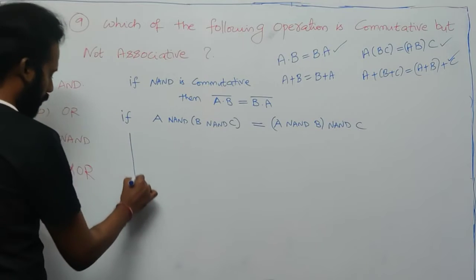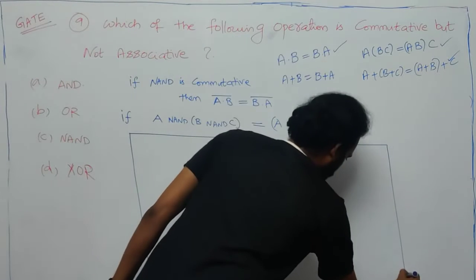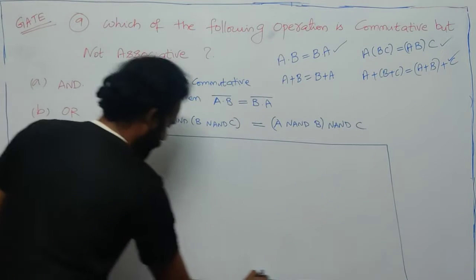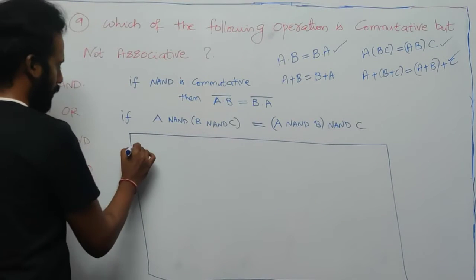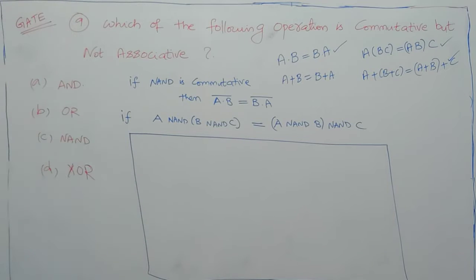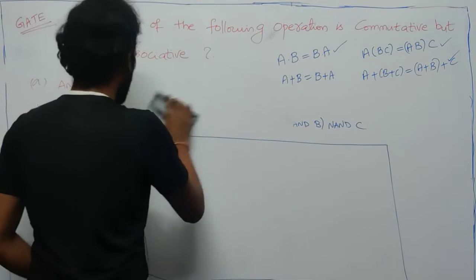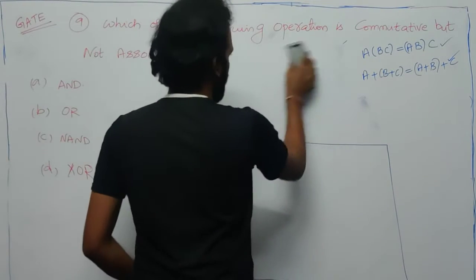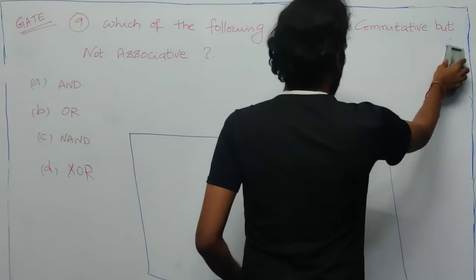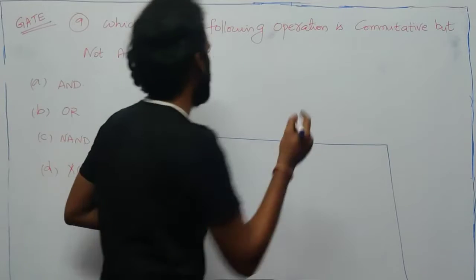So for that, what we will do is form a truth table. Are you getting it? I will take a bigger truth table. Remember, if it is associative, the way OR satisfies it, NAND should also satisfy the same thing.